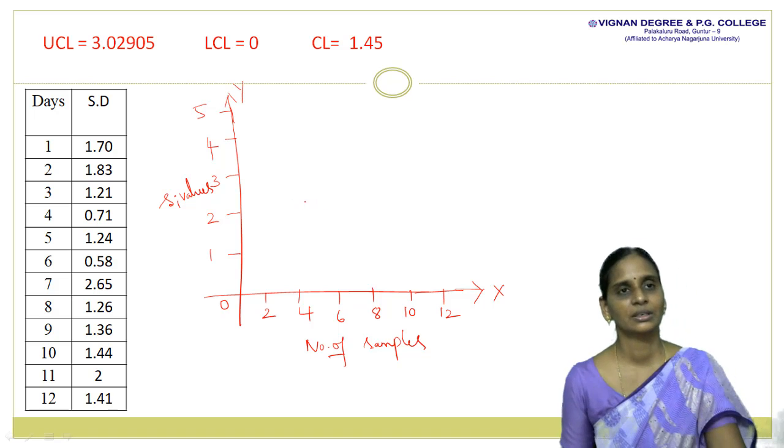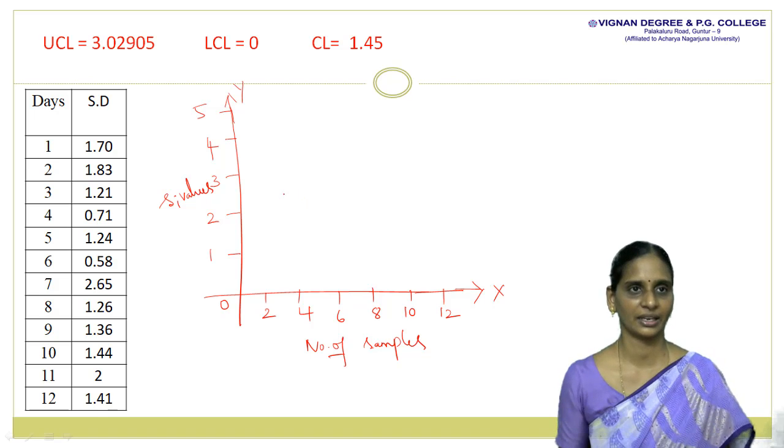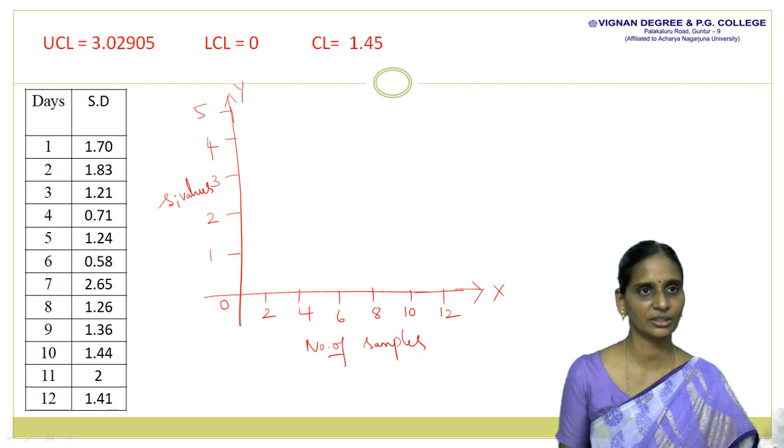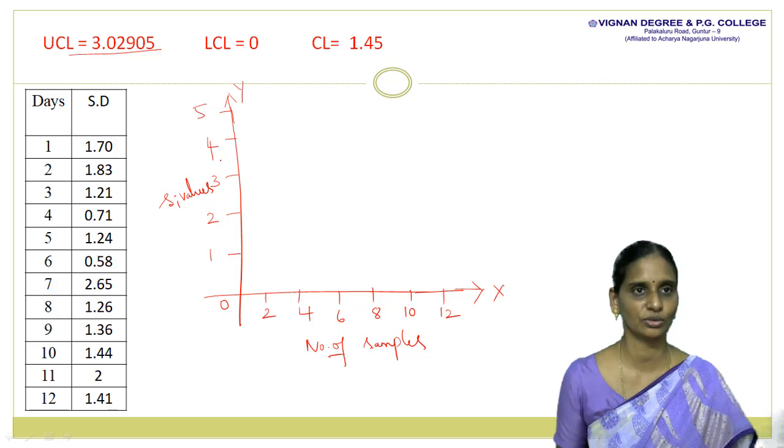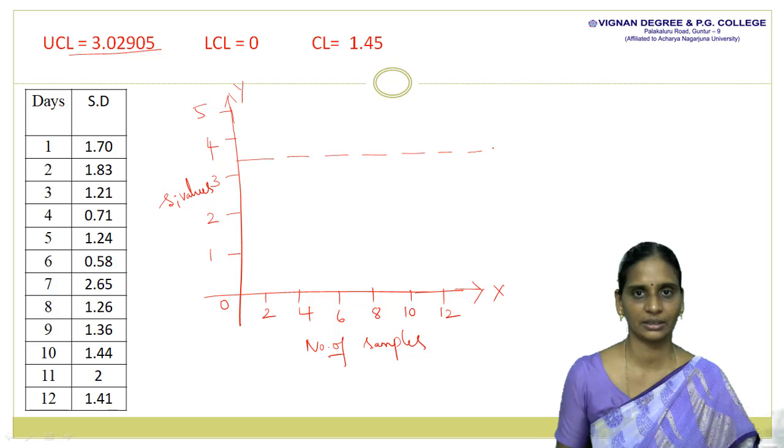So first I have to draw the upper control limit, lower control limit and central line. The upper control limit value is 3.02. This is the point. I have drawn the dotted line for UCL.